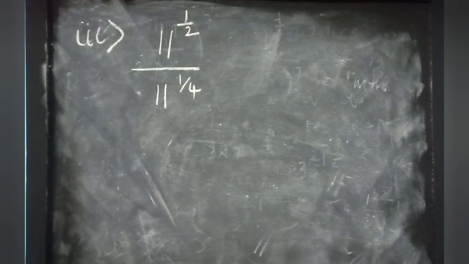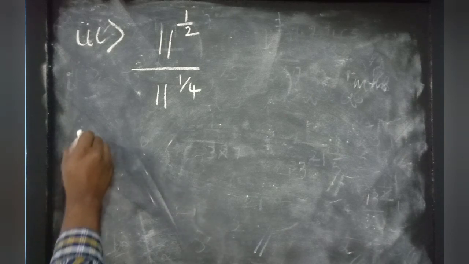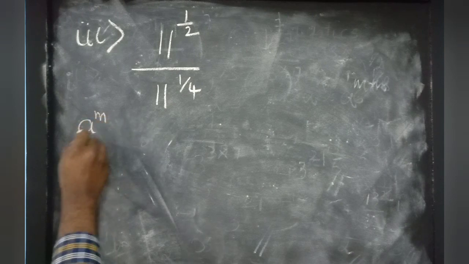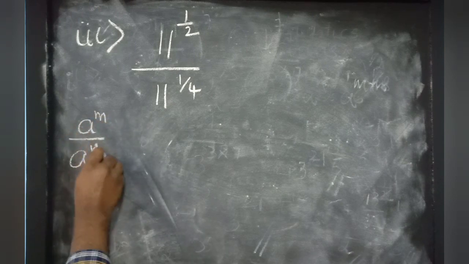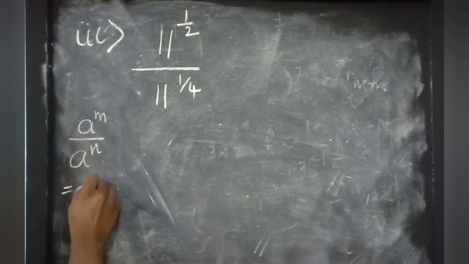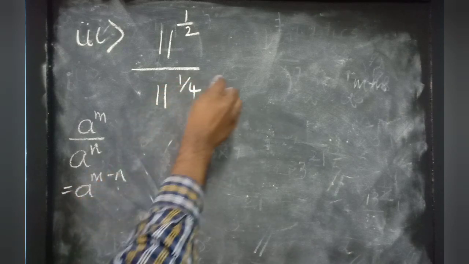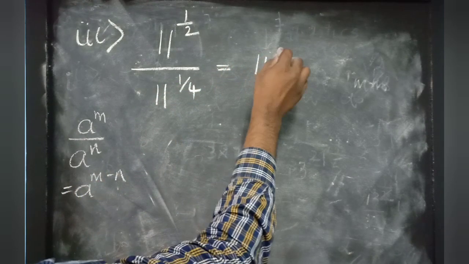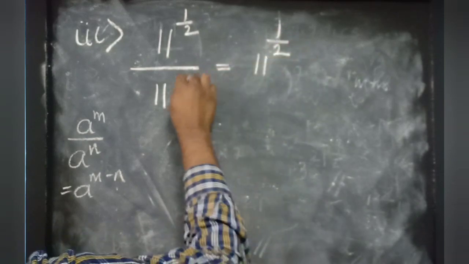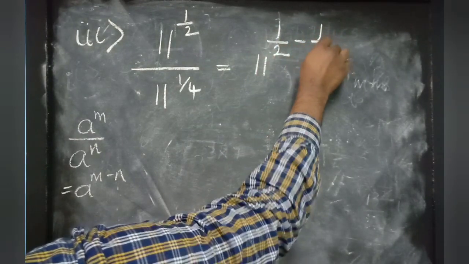Third question, 11 to the power 1 by 2 divided by 11 to the power 1 by 4. We should use the third law of exponents, that is a power m divided by a power n can be written as a power m minus n. In the same way I can write it as 11 to the power 1 by 2 minus 1 by 4.